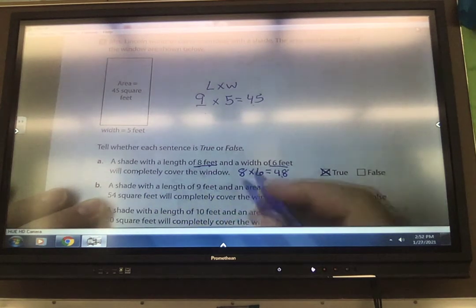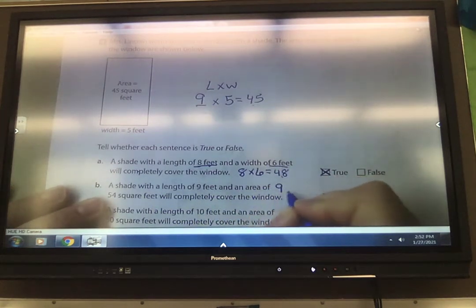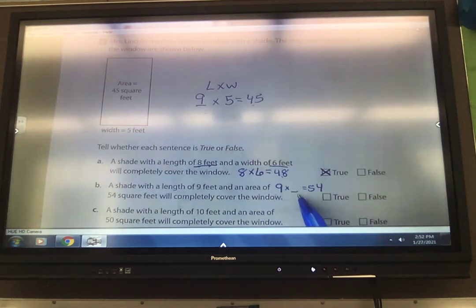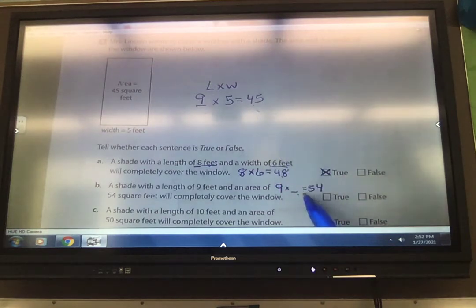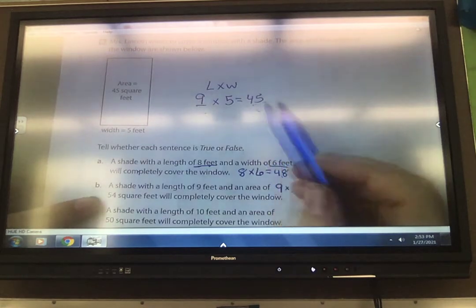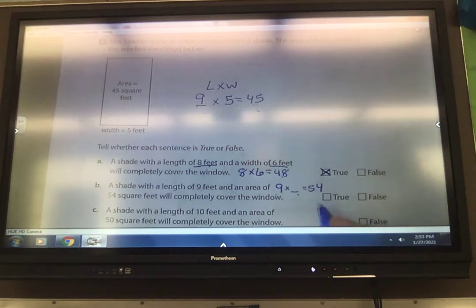A shade with a length of 9 and an area of 54. 54. I need 45. Will that be enough? A shade with a length of 5 feet and an area of 54. That should be true too, because this shade is more than what mine will cover.